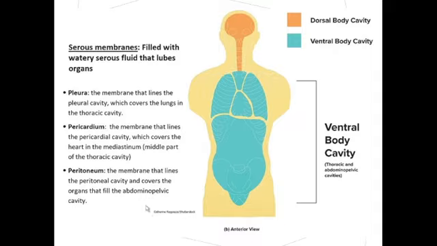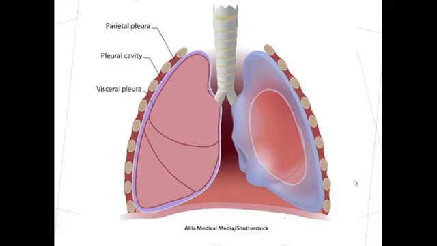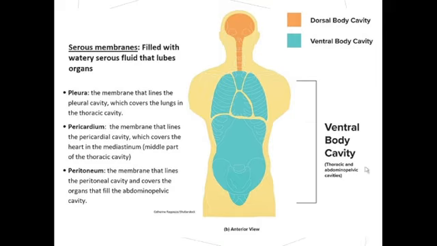Next, we have the pleura, which is the membrane that lines the pleural cavity. So I think it's nice if we have it here. This is the pleura. Next we have the pericardium, which is the membrane that lines the pericardial cavity, which covers the heart and the mediastinum.